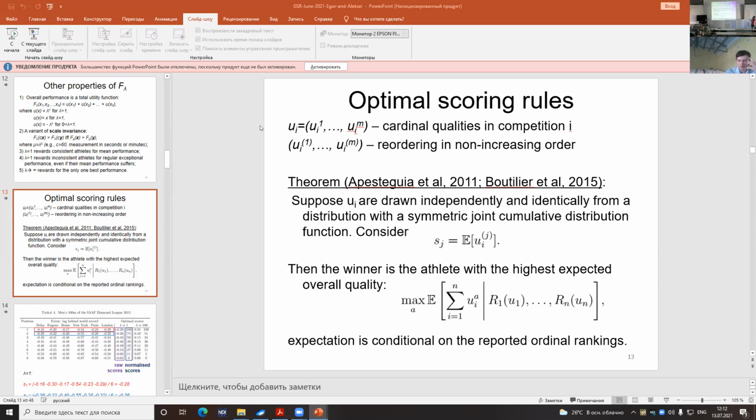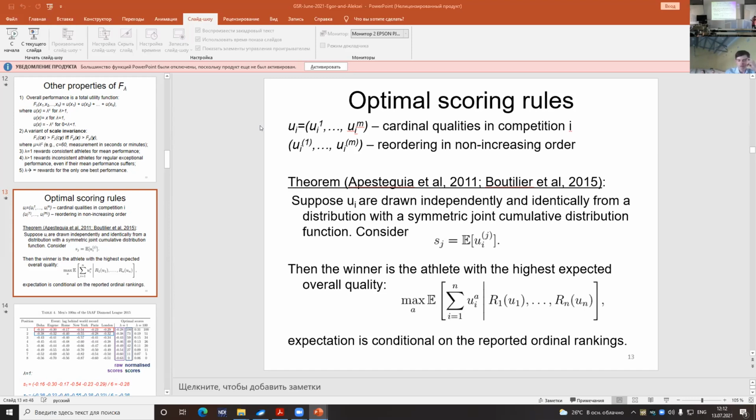And then we reorder this vector in non-increasing order, which means that u_i(1) in brackets is the cardinal quality of the athlete who was first on the finishing line, and u_i(m) in brackets is the cardinal quality of the athlete who was last on the finishing line in competition i. And this powerful theorem says that suppose these vectors u_i are drawn independently and identically from a distribution with a symmetric joint cumulative distribution function.